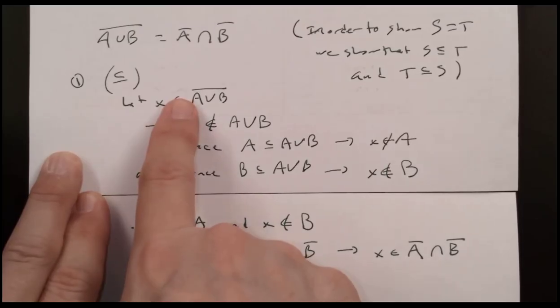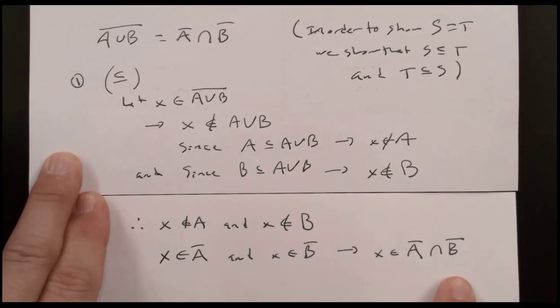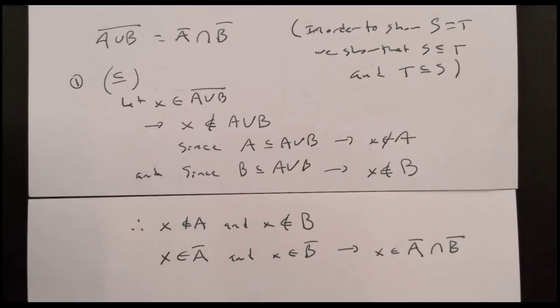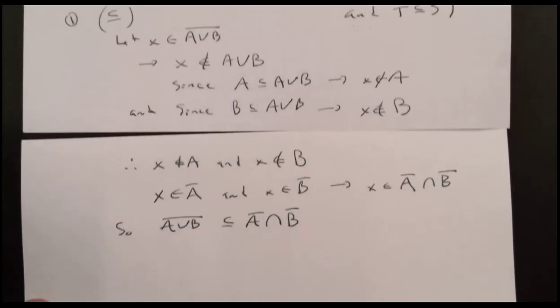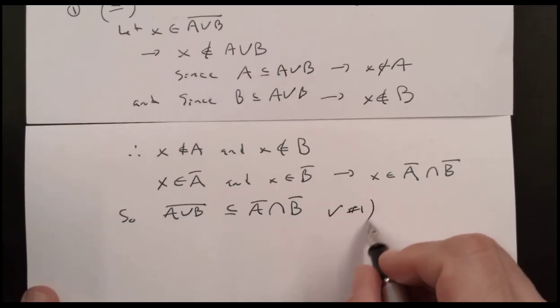And that means that every X that's in here is in here. That's the definition of a subset. So A union B complement is a subset of A complement intersect B complement. This is check mark number one.